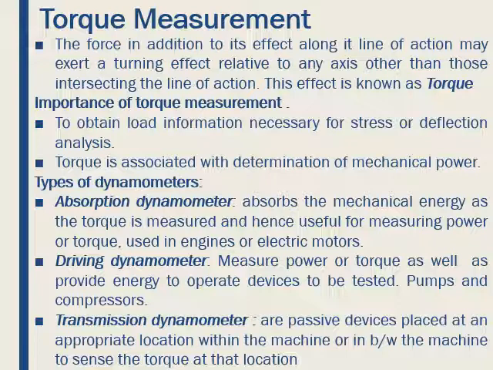Dynamometers can be categorized under three main classes. One is the absorption dynamometer. It absorbs the mechanical energy as the torque is measured and hence is useful for measuring power or torque used in engines or electric motors. In this type, the energy produced by the engine is absorbed by frictional resistance of the brake and finally transformed into heat.